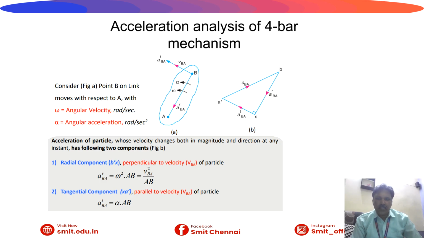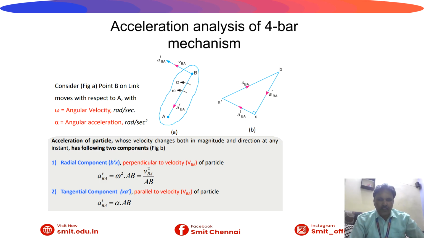Two formulas are highlighted here. The radial component is denoted by a, with superscript r and subscript BA, which is equal to omega squared AB, again equal to V squared BA upon AB.